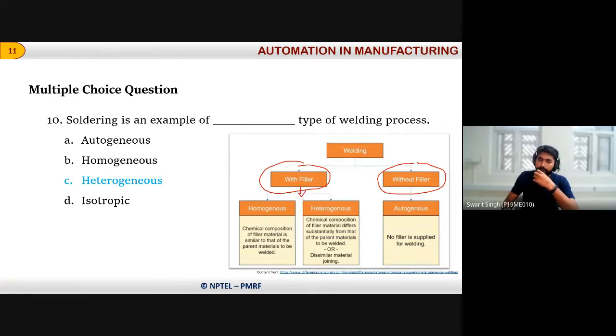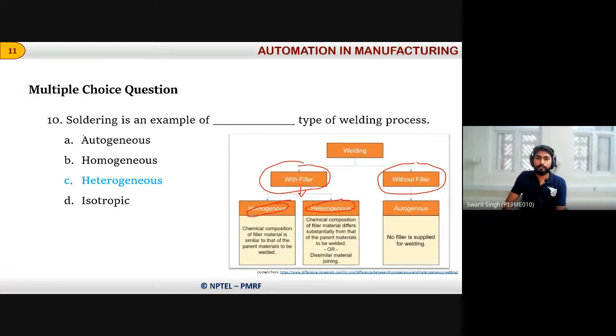If the filler is of the same material that we are welding or joining, so the metal properties are the same, it is known as homogeneous. And if the base material is different and the filler material is different, it is termed heterogeneous.